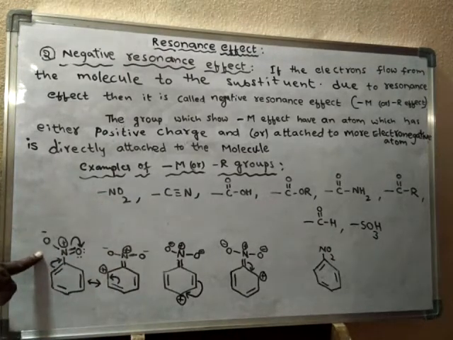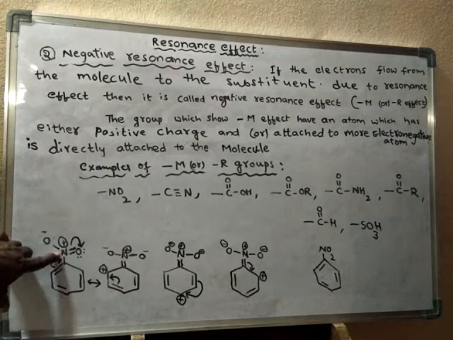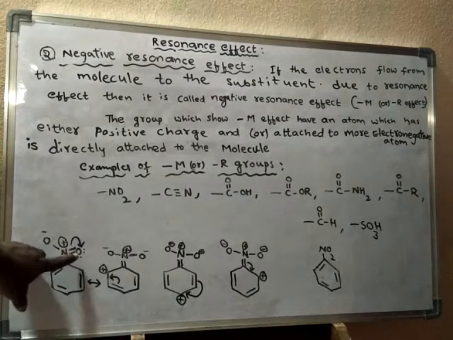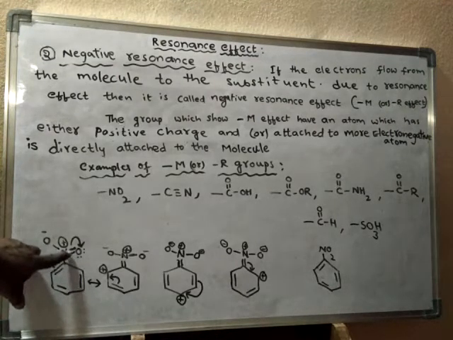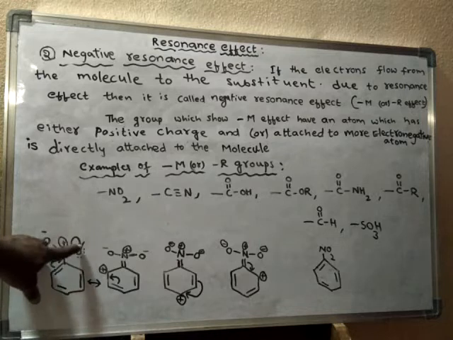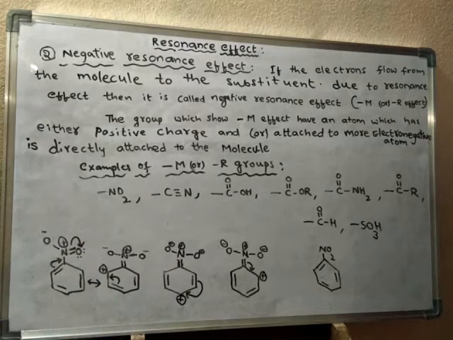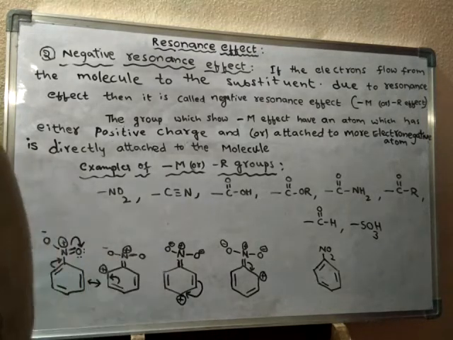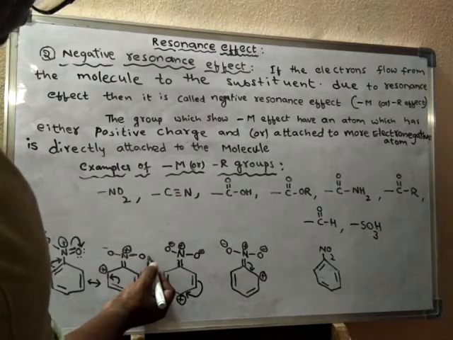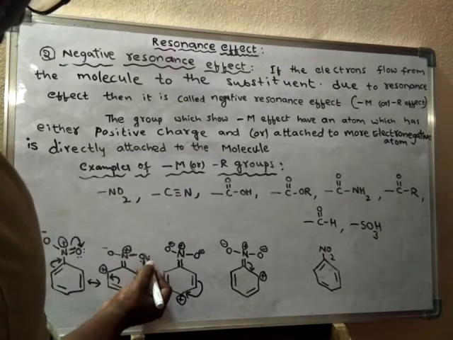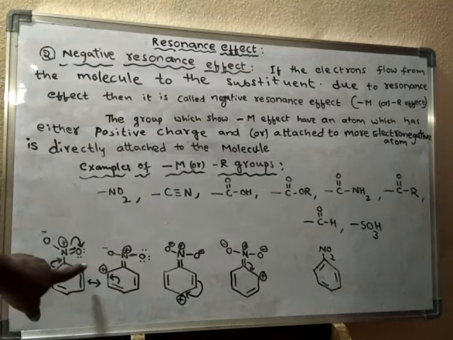In nitrobenzene, between nitrogen and oxygen there is a double bond. Electrons will flow from this double bond to the oxygen atom. Now this oxygen atom is having how many electrons? 3 electron pairs. Before that there were only 2 lone pairs.